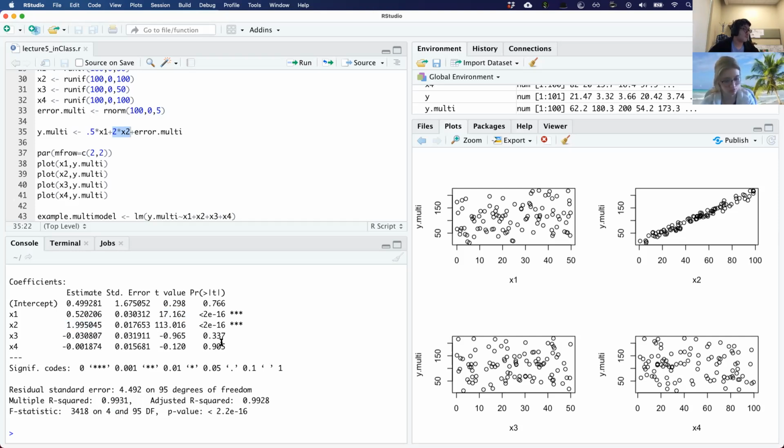And then we can observe our x3 and x4, which we know do not influence the y. Neither of these are statistically significant. And so in this case, the model is doing a fantastic job at figuring out the true effect.